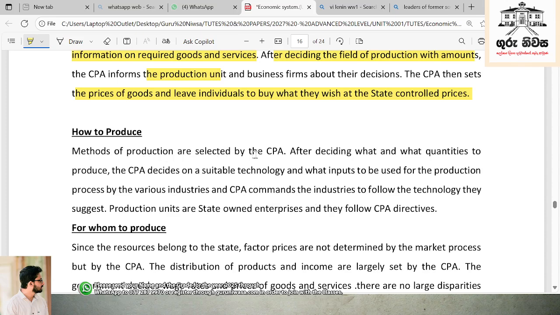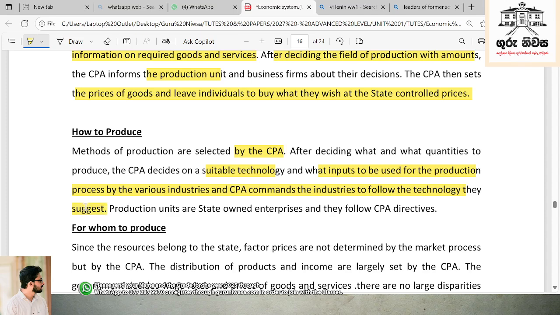Methods of production are selected by the CPA. CPA means the government. After deciding what and what quantities to produce, the CPA decides on suitable technology and what inputs are to be used for the production process by various industries, and the CPA commands the industries to follow the technology it suggests.